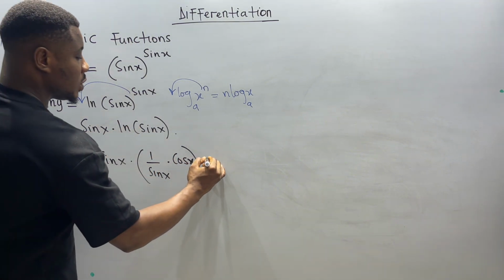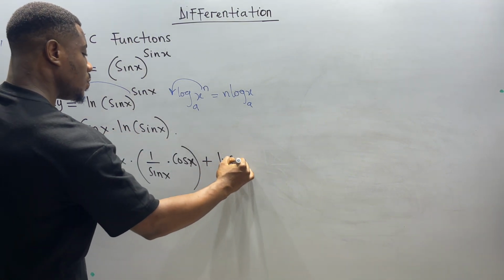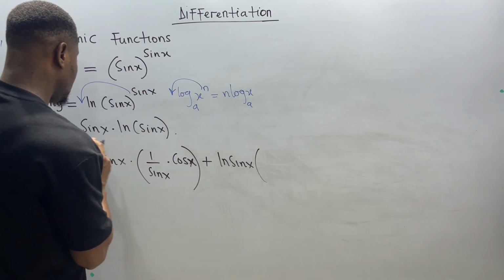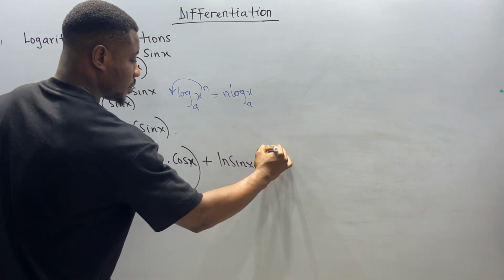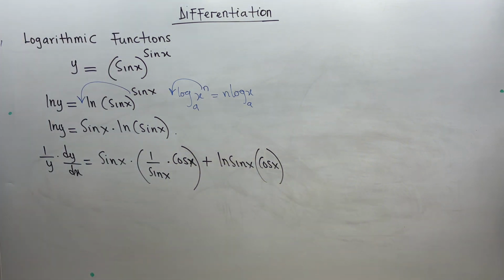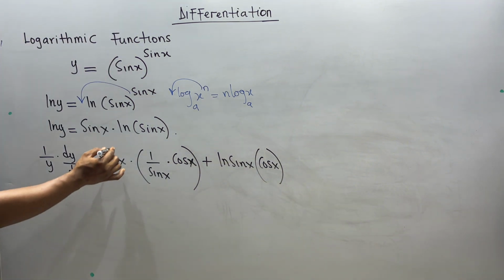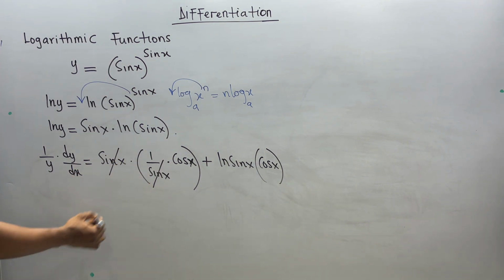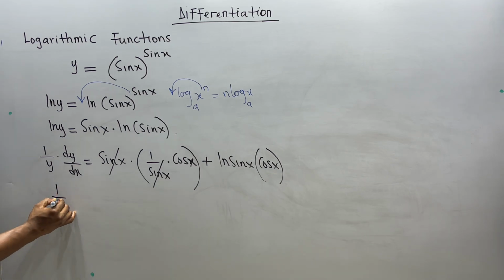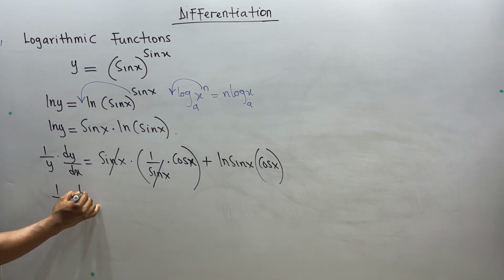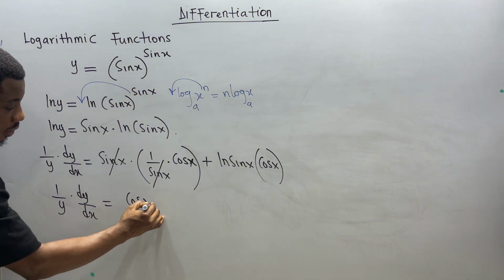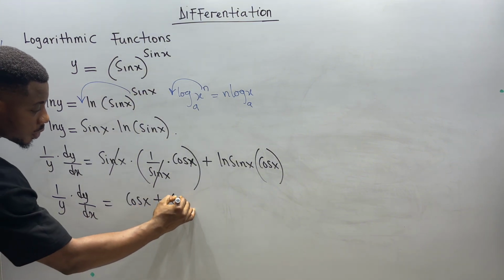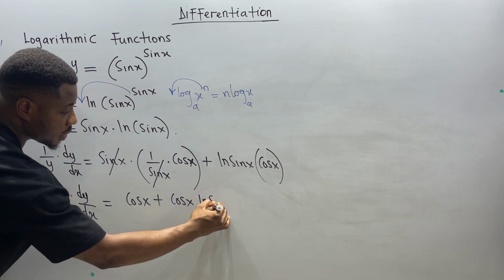Now we have to add it to v du over dx. Differentiate sine, you get cos. Now sine can cancel out sine easily. So we have 1 over y dot dy over dx is equal to cos x plus cos x ln sine x.